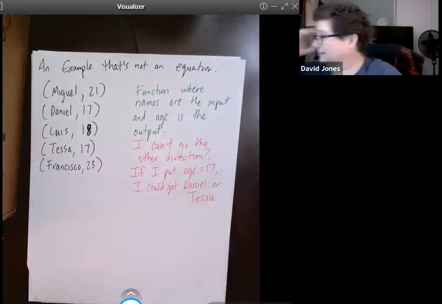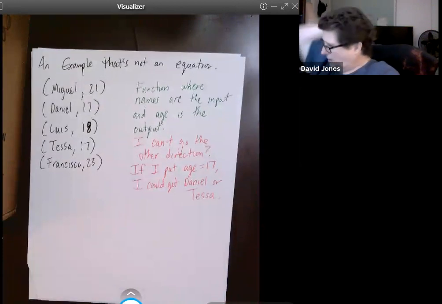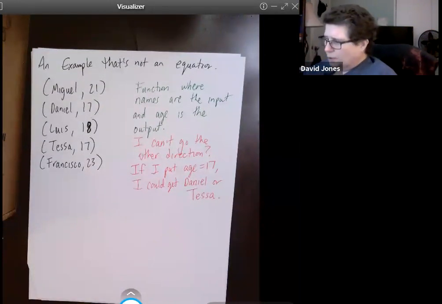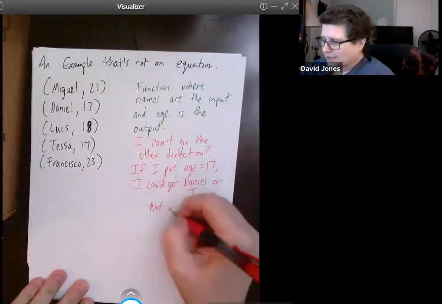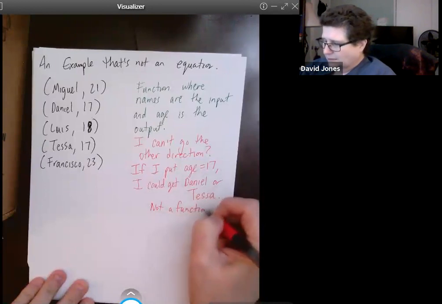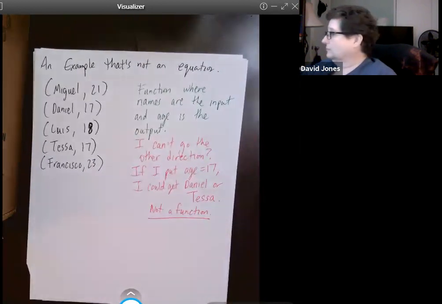And we don't like that. So functions are one input, one output. So if we put in age and get our name, this is not a function.